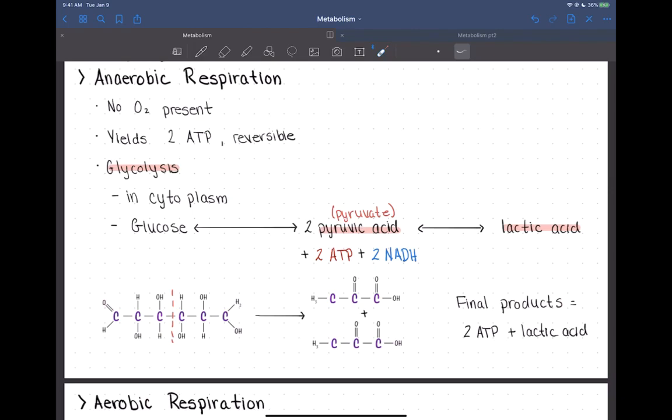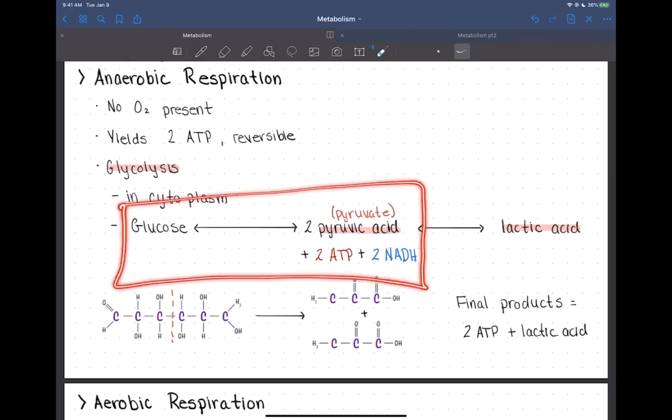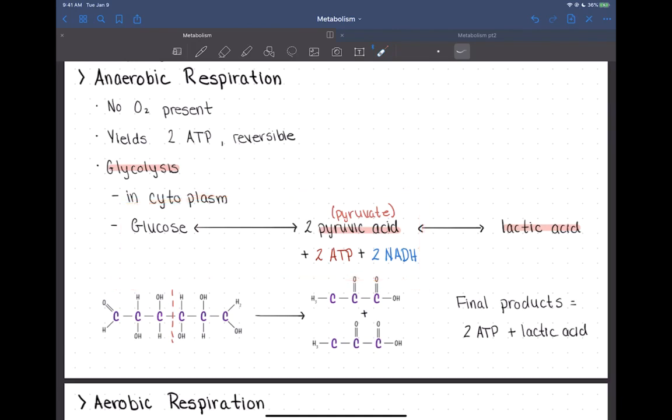All right, so this is glycolysis. However, if there's no oxygen present in the body, we finish the process by converting these 2 pyruvic acids, these pyruvate, into lactic acid. That process requires the use of those NADHs that were made. Those NADHs are used to convert the pyruvic acid into lactic acid.